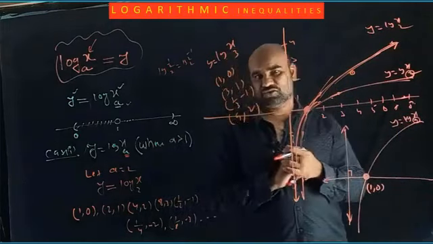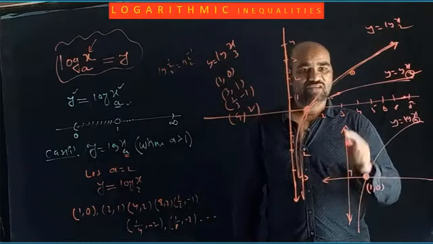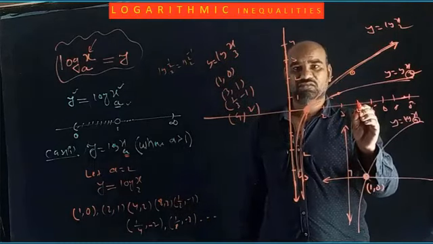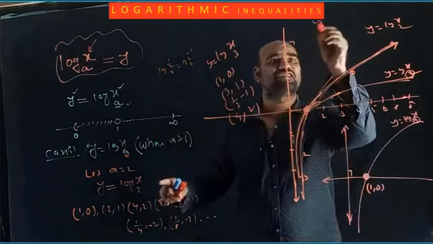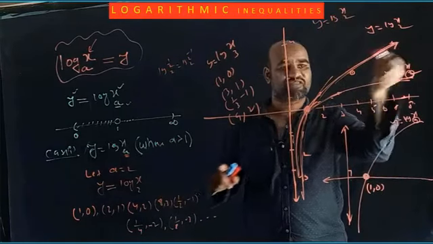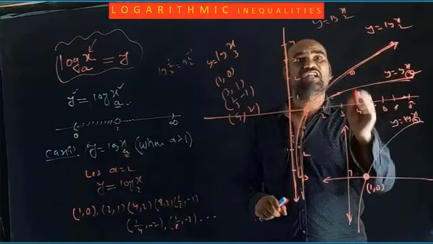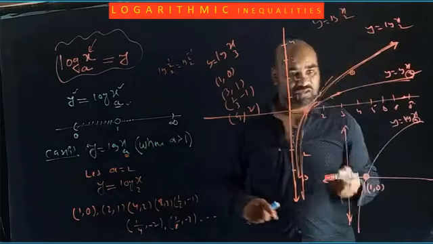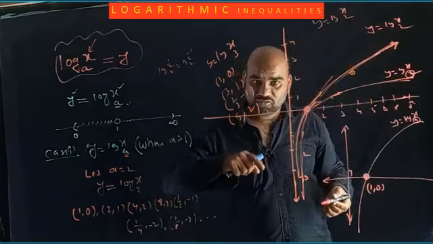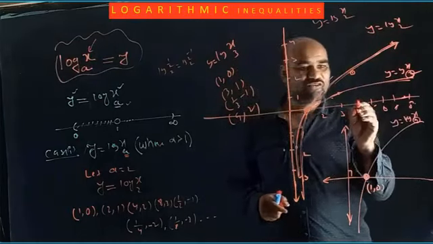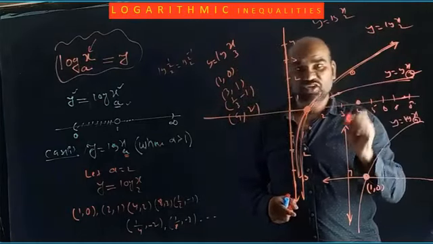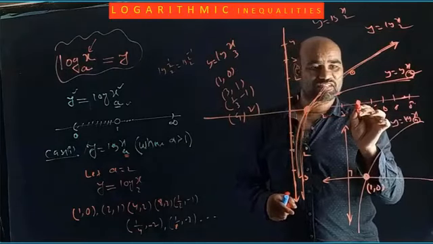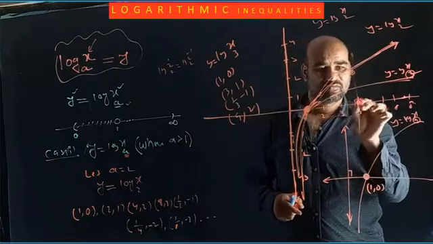Now important conclusions. If x is equal to 4, for example, in y equal to log x base 2, the first one, what is the corresponding y? 2 only. So graphically, at 4 we need to draw a line perpendicular to the x-axis.